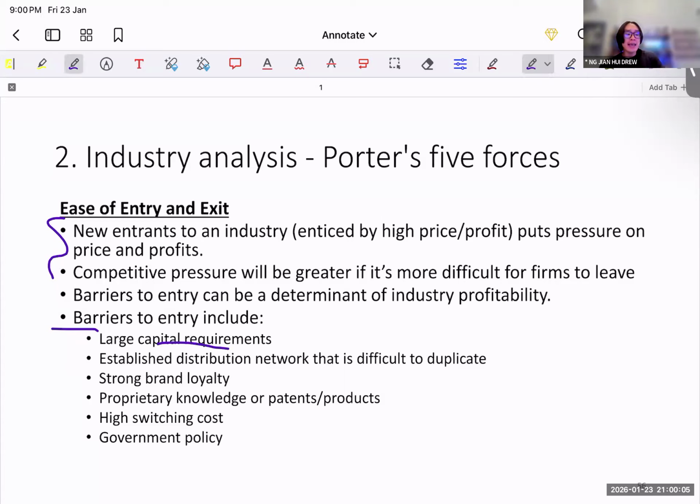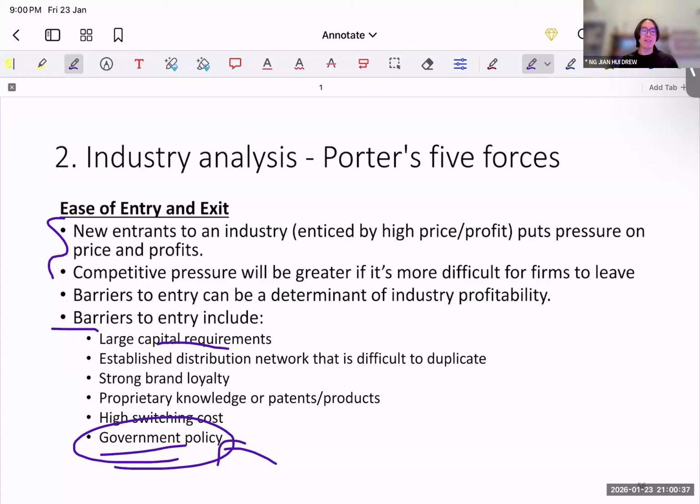Now, let's think about government policies. So capex is one issue, like Genco capex, that's one barrier to entry. Now, government policy: what's interesting is that if you do choose to analyze companies like Singtel, StarHub, many telco companies, it will be very important to analyze the 5G spectrum that the company is licensed to use.